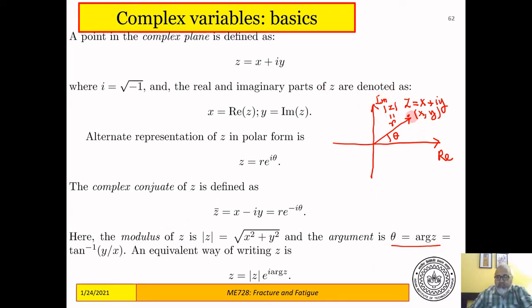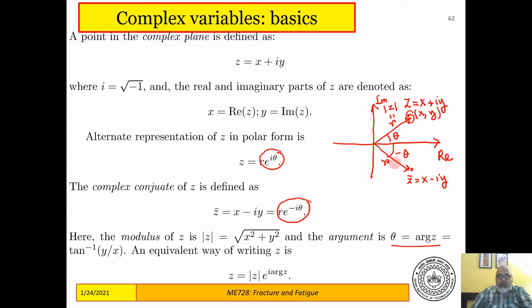If this is x plus iy, then the mirror image about the real axis is called z bar, which is x minus iy. It also has an absolute value of r, whereas this angle is minus theta. This complex variable can also be expressed as r e to the power i theta, and z bar as r e to the power minus i theta.